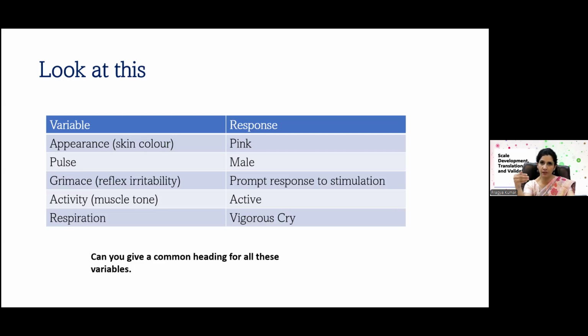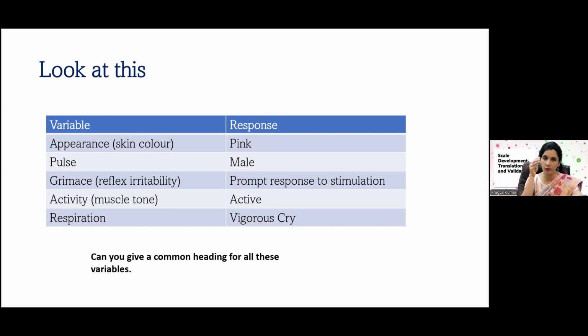But for now, let's say there are 4 items. If I ask, are you satisfied, on a Likert item, how satisfied you are with your current work profile, and you respond on a 5-point Likert scale, then you get an individual score.